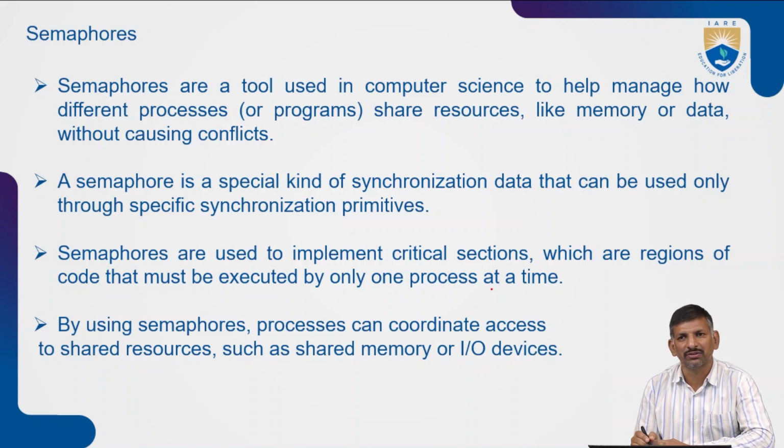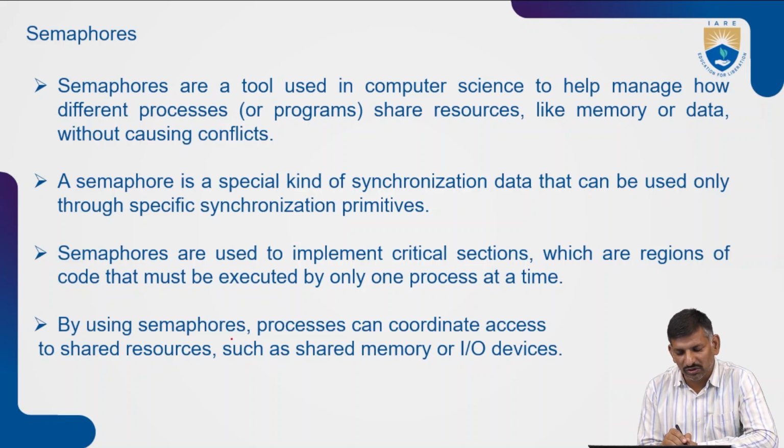In the same manner here, if more than one process wants the same resource, which process accesses the resource is decided by the key. By using semaphores, processes can coordinate access to shared resources such as shared memory and IO devices.